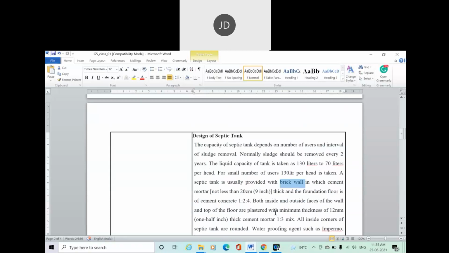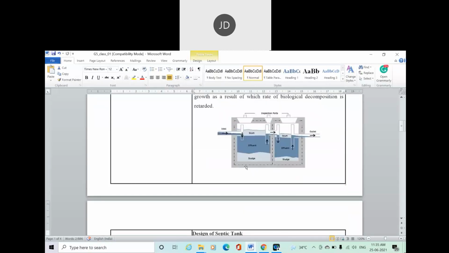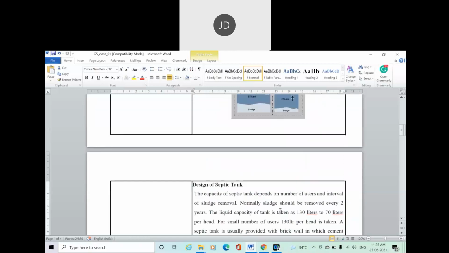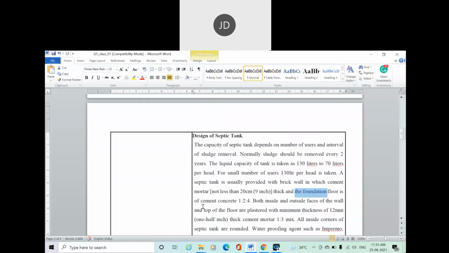The thickness of the brick wall should not be less than 20 centimeter. The foundation floor, the bottom floor I'm talking about, is of cement concrete in the ratio 1:2:4, both inside and outside of the wall.